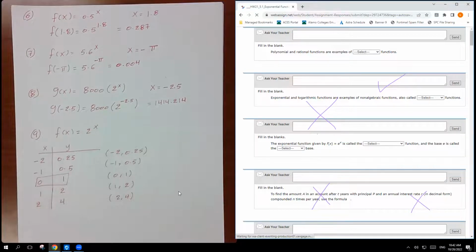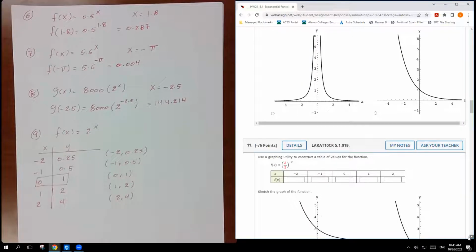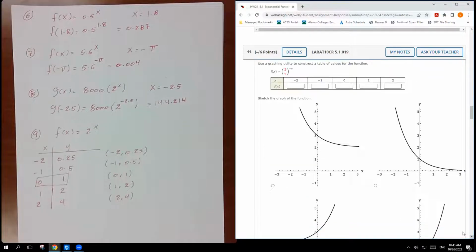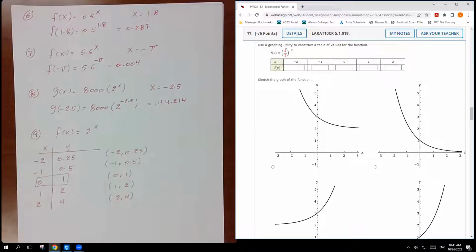Let's go to example 10. I think example 10 is the same thing. So example 10, you're going to do the same thing, but you have -x. So I'm not going to do this example. Let's go to example 11. And let's work on this example because this is important, how you're going to plug in these two numbers.